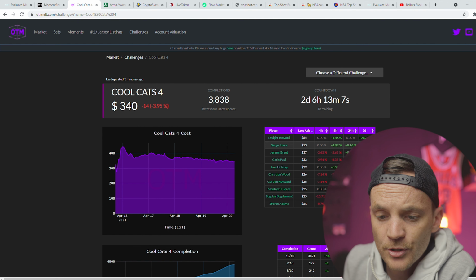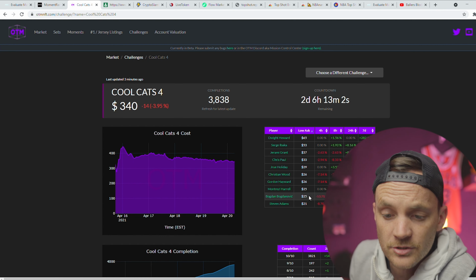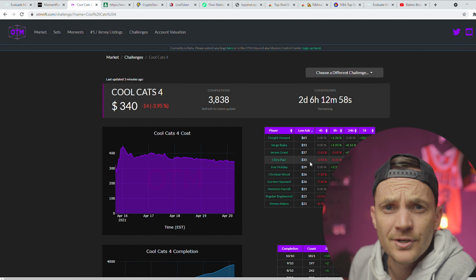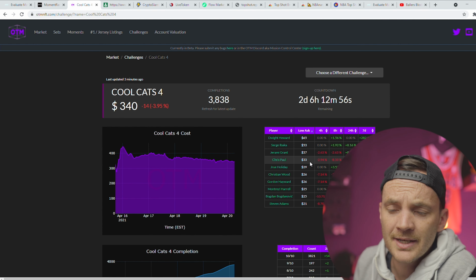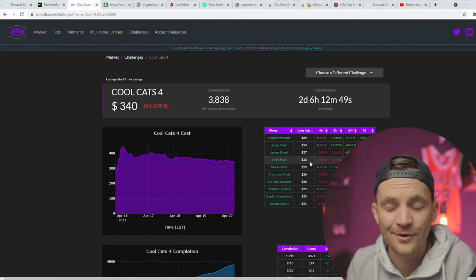Whereas these Cool Cats moments, Chris Paul down to Bogdanovich, Hayward, Wood, Holiday, they're already hovering around 30, so I can't see them being dumped any more than 20, 15 at worst, which is not the exponential loss that I had on the Mike Conley challenge.